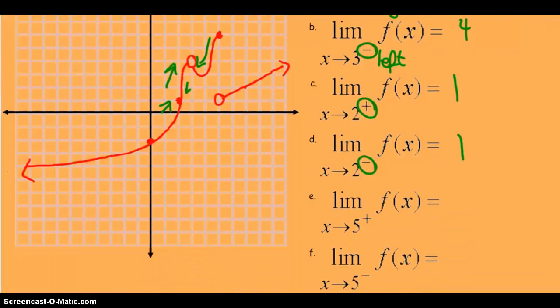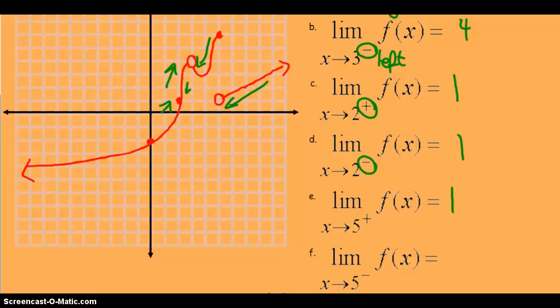Now we're going to deal with 5. Up till now, if I had asked you at the limit here, you can see that jump. You would have said the limit as I approach 5 does not exist, which is true. I want to know more specifically: as I approach from the right, I can see it's approaching a value of 1.